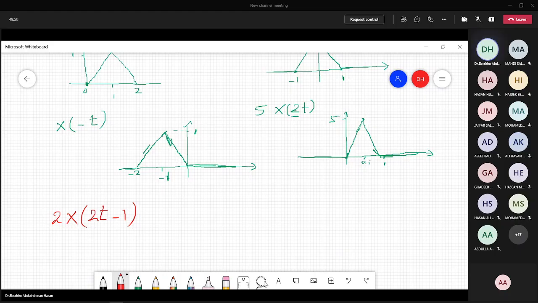Minus half. Okay, again here, let me put a minus as well.